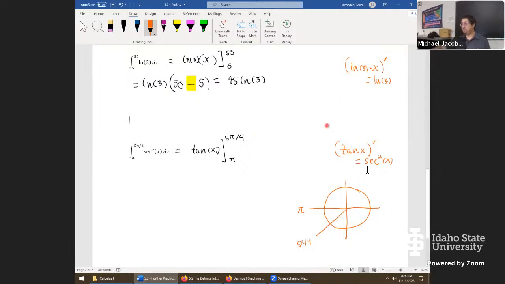And the thing to watch out for, the value of this diagram is, if we integrated to, say, 7 pi over 4, suddenly we have a massive problem here. 3 pi over 2 is in between those, and tangent at 3 pi over 2 is undefined.